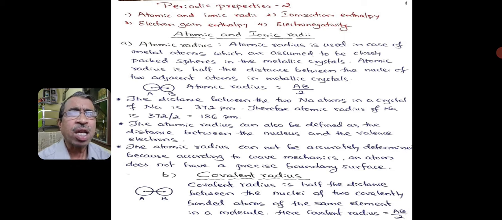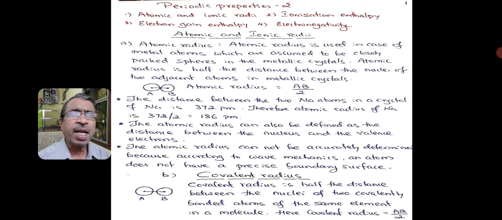This AB distance can be determined through X-ray studies, but the absolute value of atomic radius cannot be determined. The distance between the two sodium atoms in a crystal of sodium is 372 picometer. So 1 picometer is equal to 10 raised to minus 12 meters.